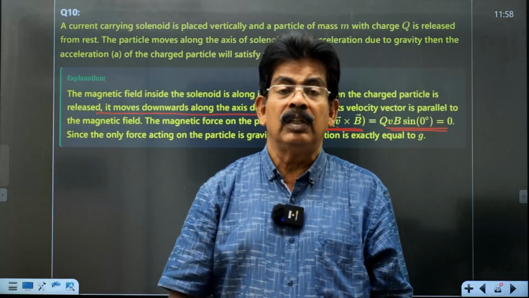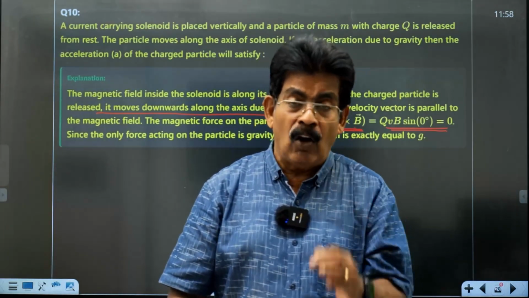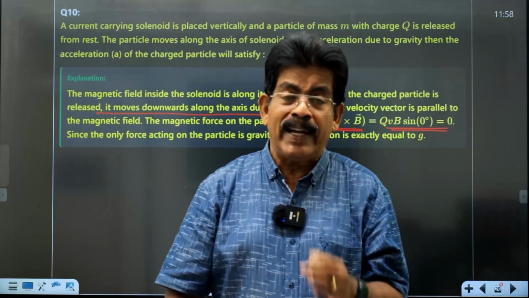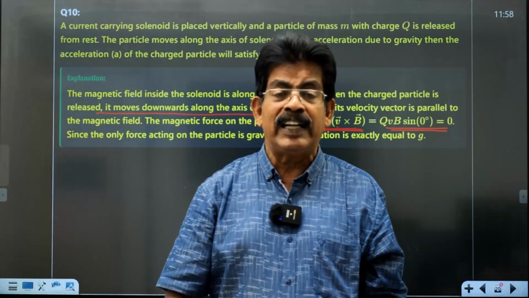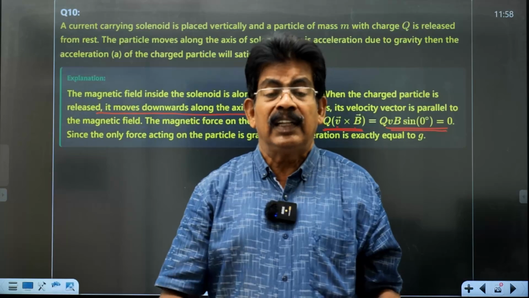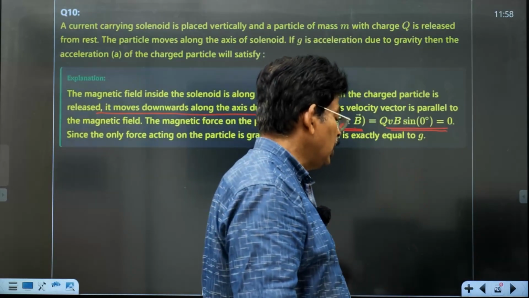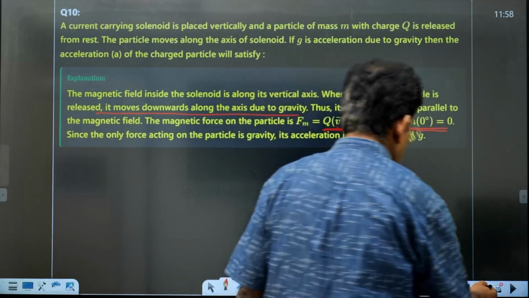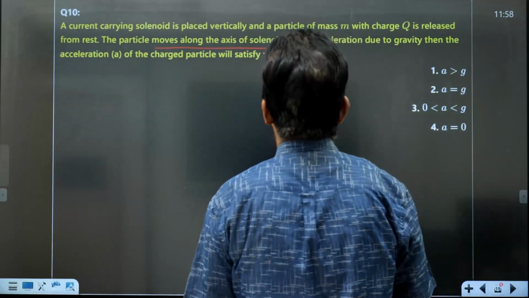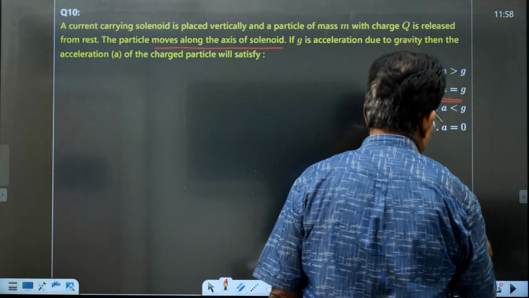Since the particle is moving along the direction of the magnetic field produced by the solenoid, no magnetic force acts on it. So it still has a free fall, and its acceleration will be g only. In your options you can see that acceleration is g. That is the second one.